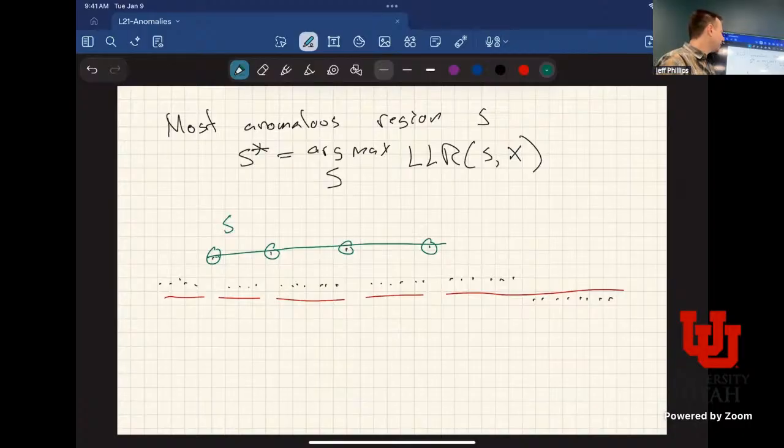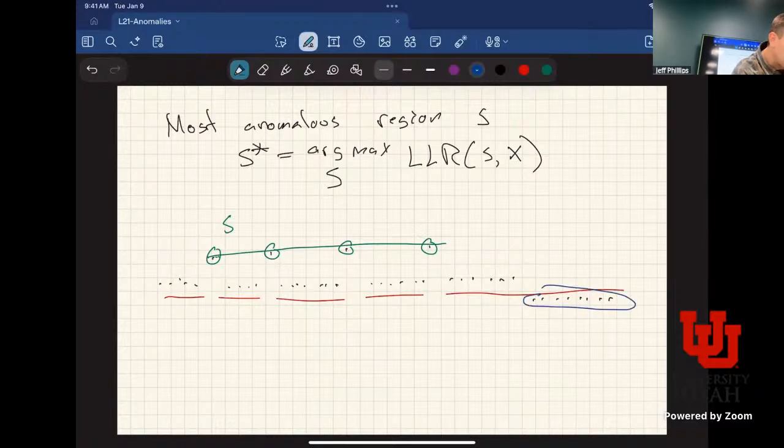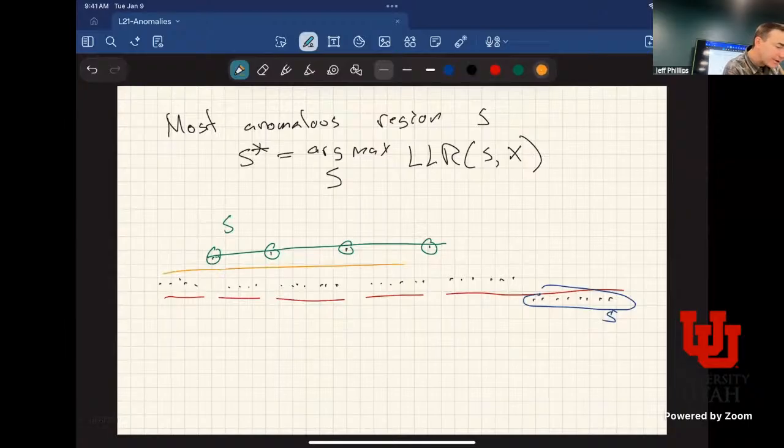Okay, so is this the good set for the anomalies? The other option instead of this would be to say that this region would be S, and then I have to fit the baseline, everything else is here, and then I have to fit error.